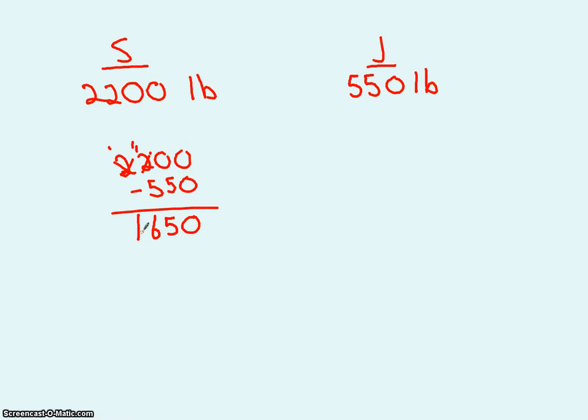Now, if I ask you for the ratio of Smith to Jones, then you're going to end up writing 2,200 over 550, which of course will get you 4, or 4 to 1. That's how we frequently write that, 4 to 1 ratio. So a ratio simply compares numbers by division.